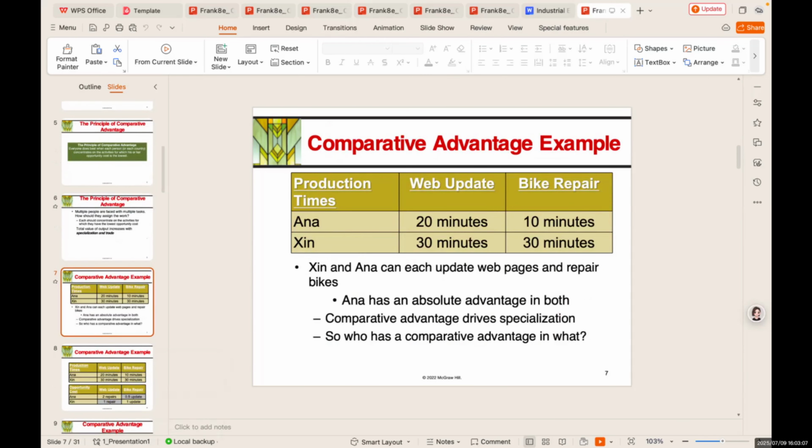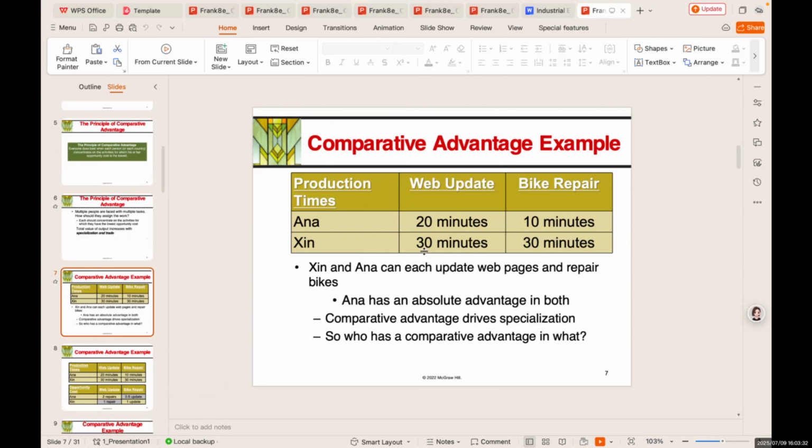Well, in this case, there are 2 tasks and 2 people. I will give you some time to read the slide carefully. You can pause the video. I recommend you watch this kind of table horizontally. The task of web update will take Anna 20 minutes, and the task of bike repair will take Anna 10 minutes.